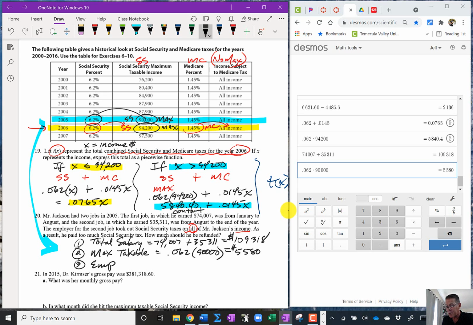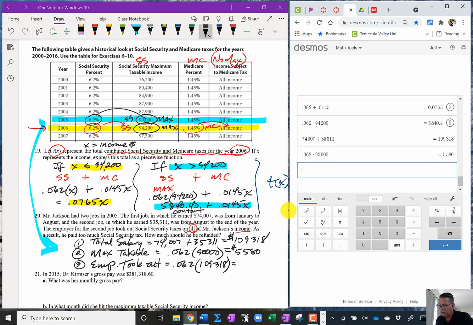So the refund is equal to this right here, what they took out minus what they should have taken out. So $6,777.72 minus this number, 5,580. So let's type that in. Let's see what we get. $6,777.72.